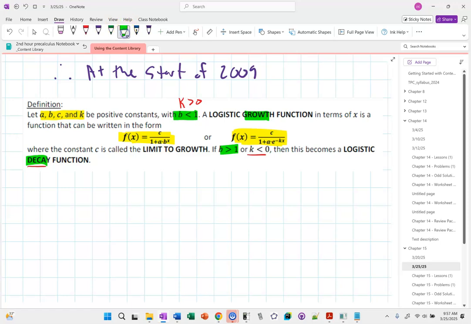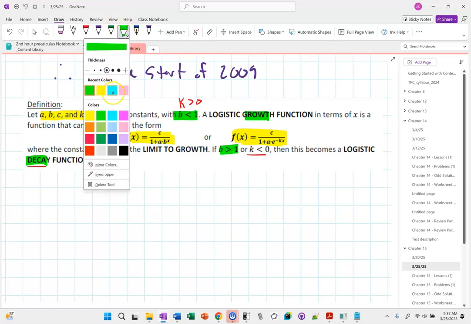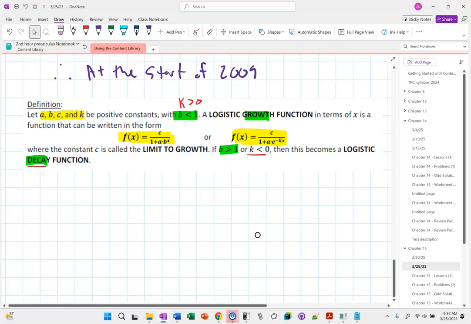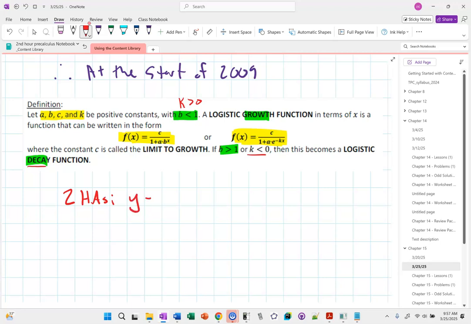The neat part about this is that it's a function that has two horizontal asymptotes. One of them is going to be at y equals 0, and the other will be at y equals c. That y equals c we'll call the limit to growth.